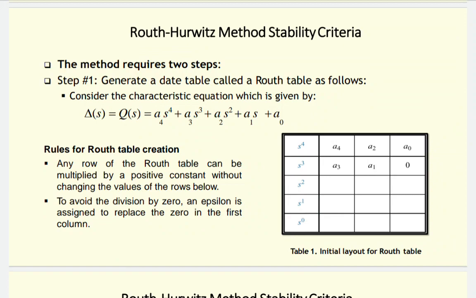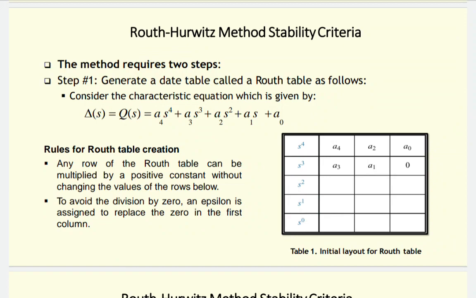The next row will be filled with the remaining coefficients in an alternate manner, that is a3 a1 and nothing is there, that's why 0. Then s2 should be filled up with the respective cross multiplication rule, that will be analyzed afterwards. Then s to the power 1 and s to the power 0 will be filled up.